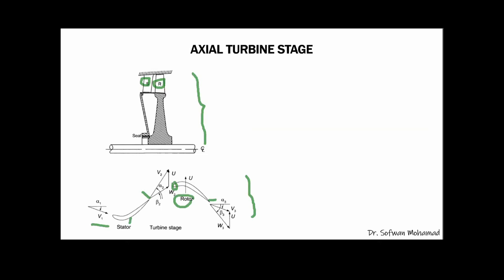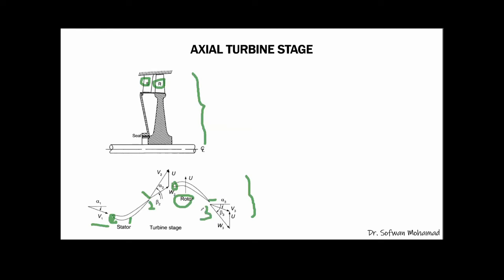As in the previous discussion in steam turbines, the inlet to the stage is station 1, and the outlet from the stator is station 2, which is also the inlet of the rotor. Point 1 is the inlet of the stator, point 2 is the outlet of the stator and also the inlet of the rotor, and point 3 is the outlet of the rotor.